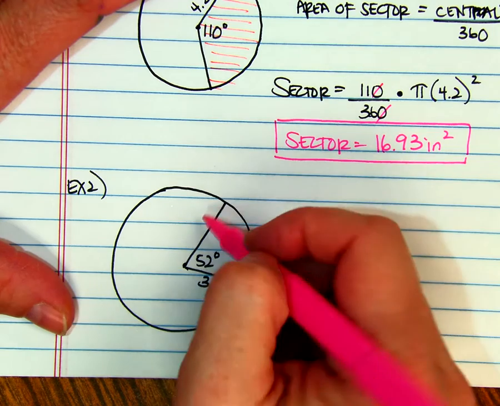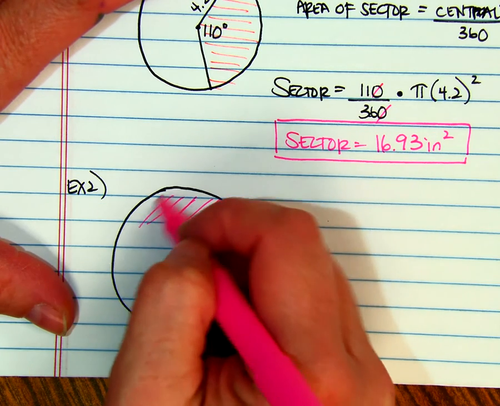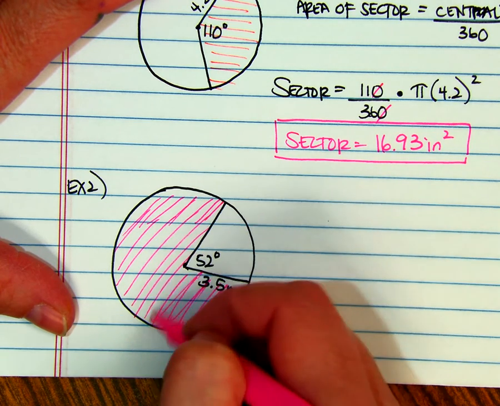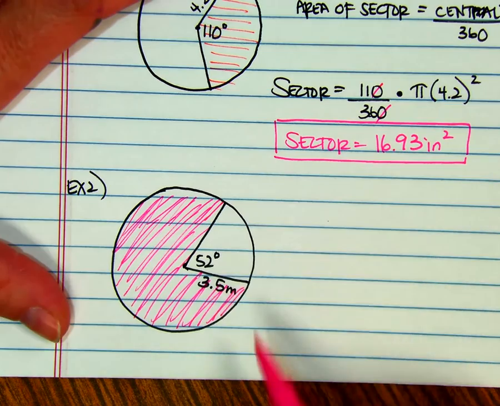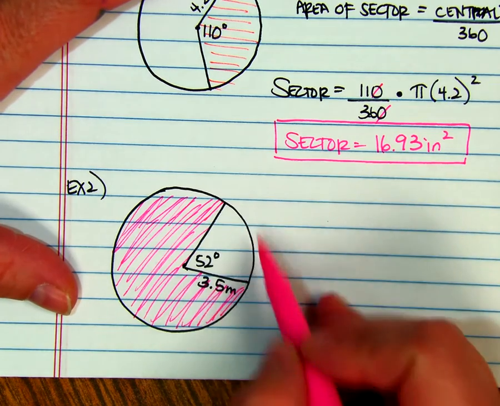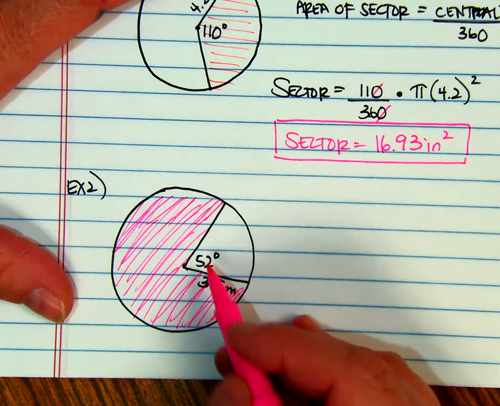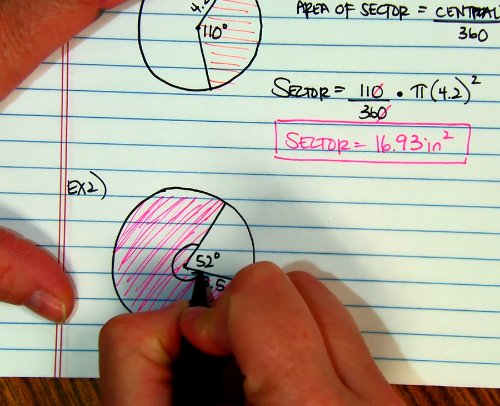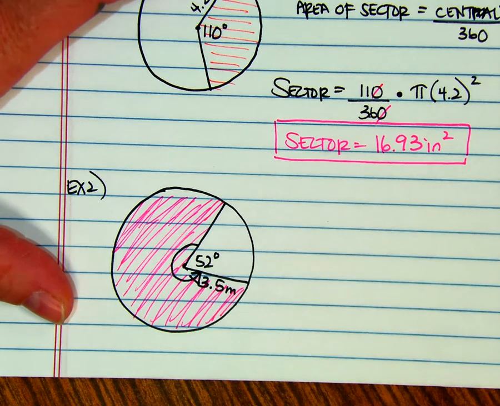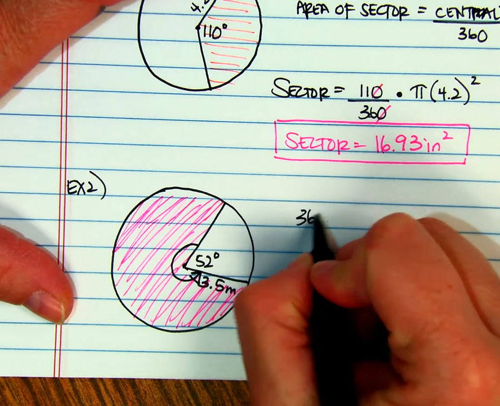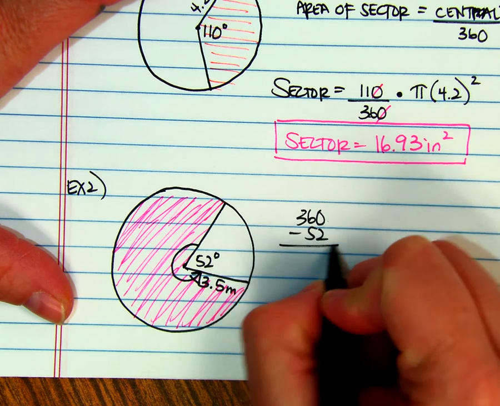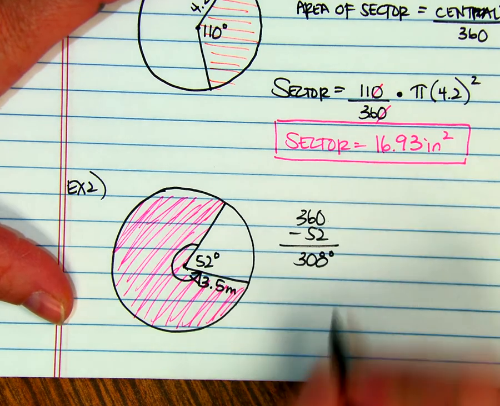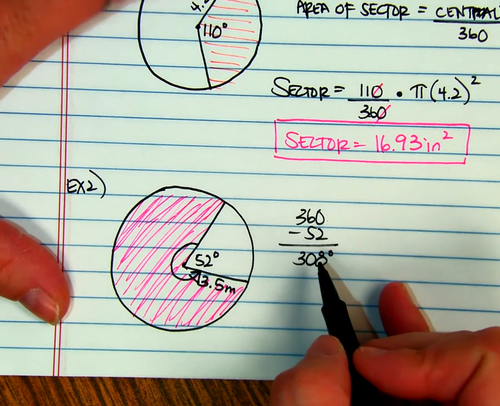But I'm looking for this area. So we can either find the area of the circle minus this piece, or I would much rather, because I want to make fewer mistakes, find this angle instead. So 360 minus the 52 gives me 308 degrees. So I'm going to use that for my central angle instead.